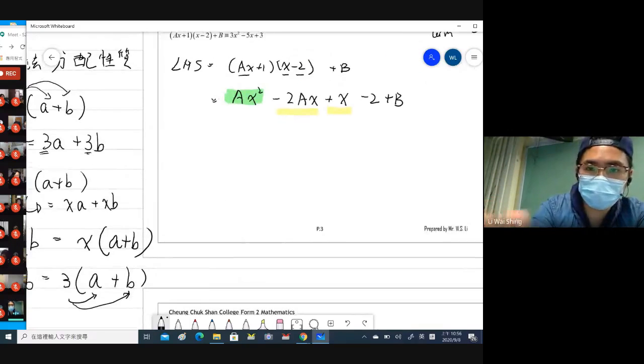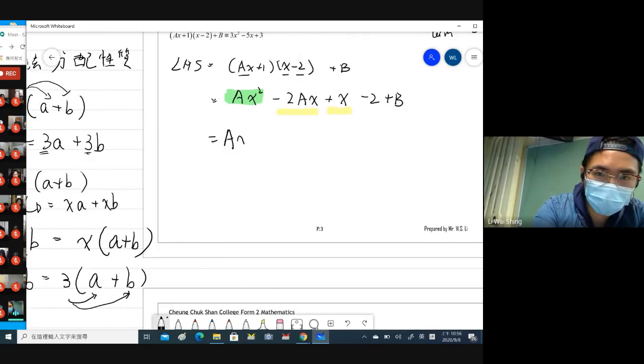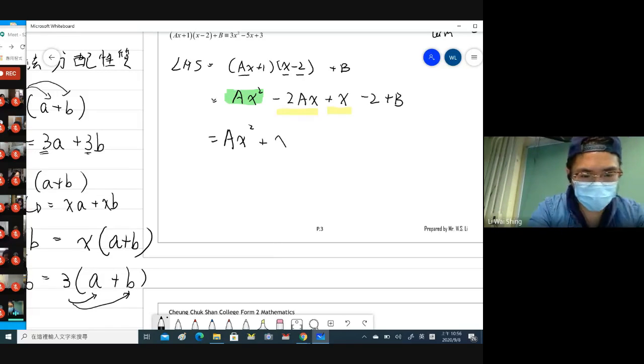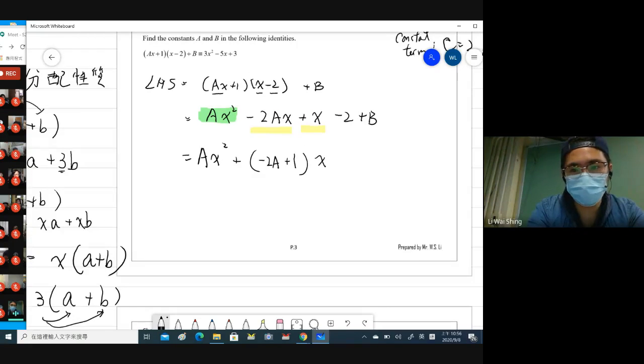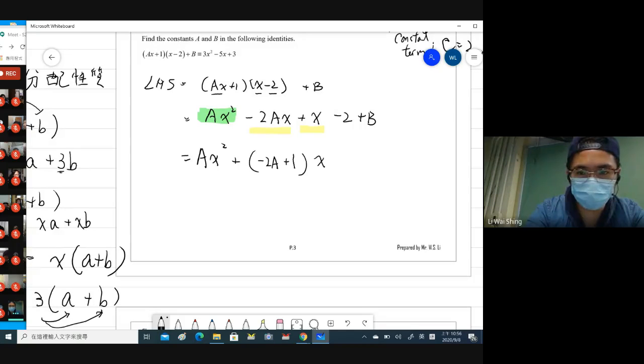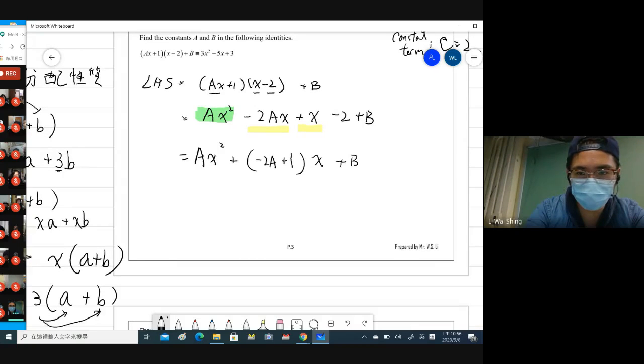Okay? So this time, in order to group the x term, 逆向乘法分配性質, take the x out. Okay? And then minus 2a plus 1. This would be our x term here. And then the last one, also the same, plus b minus 2.